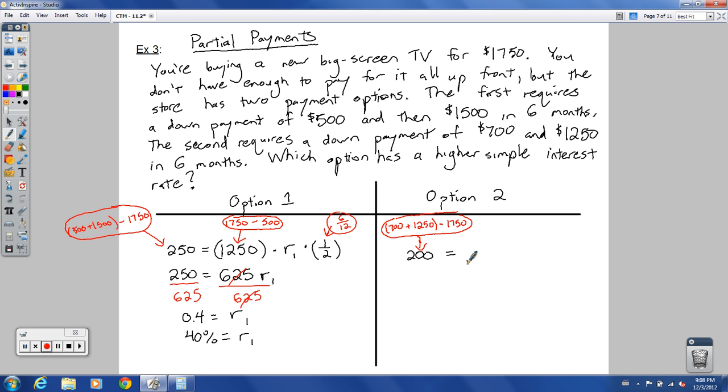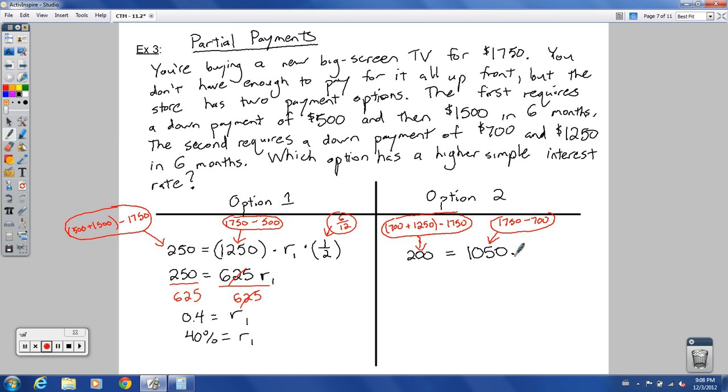And then the principal, excuse me, will be $1050 because you got $1750 for the original and you made a down payment of $700. So this is $1750 minus $700 right there. That's where that number comes from.